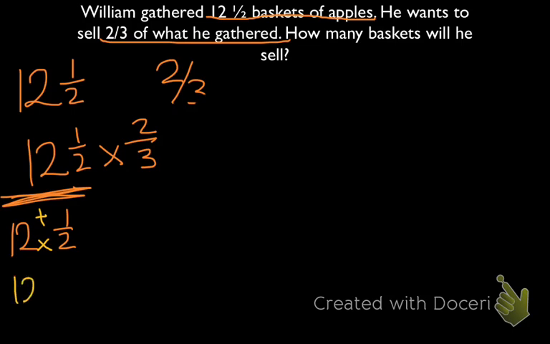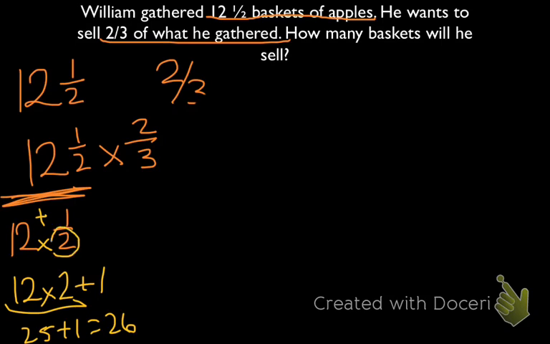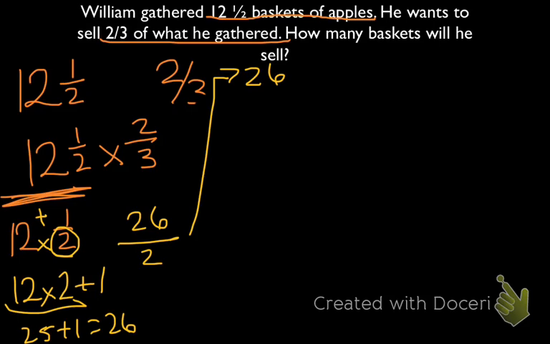So that would be 12 times 2 plus 1. Well, 12 times 2 is 24, plus 1 gives us 25, and then we want to rewrite that with the original denominator, so that becomes 25 halves. So our new equation is 25 over 2 times 2/3, and then we just have to multiply across.